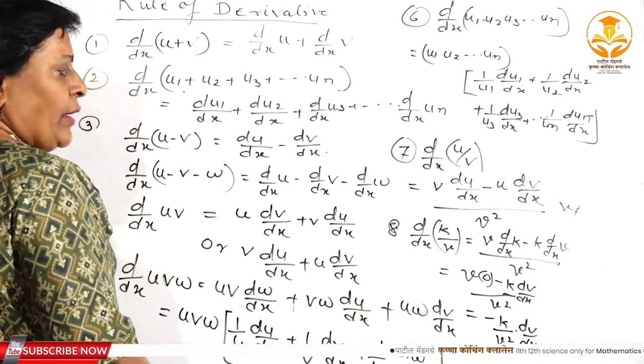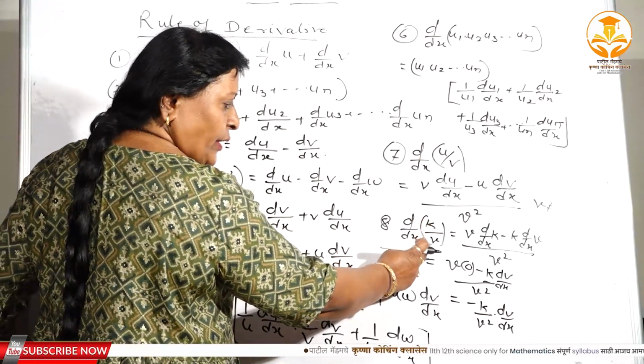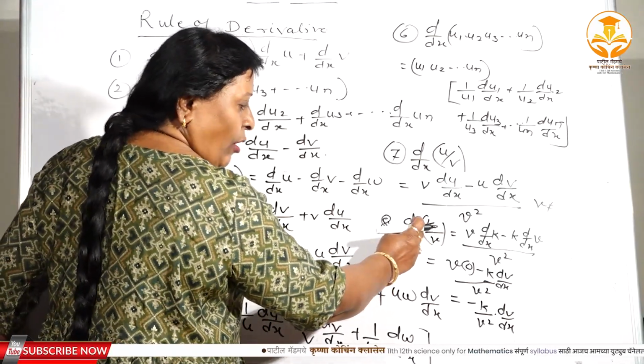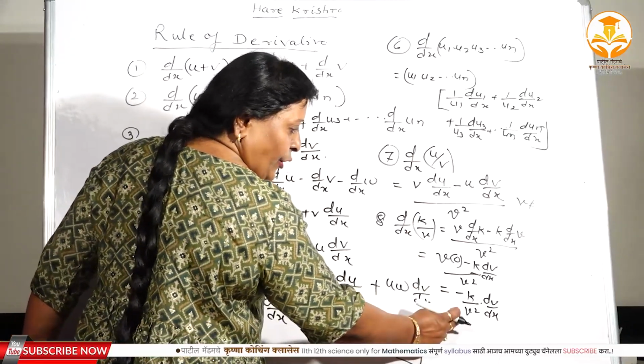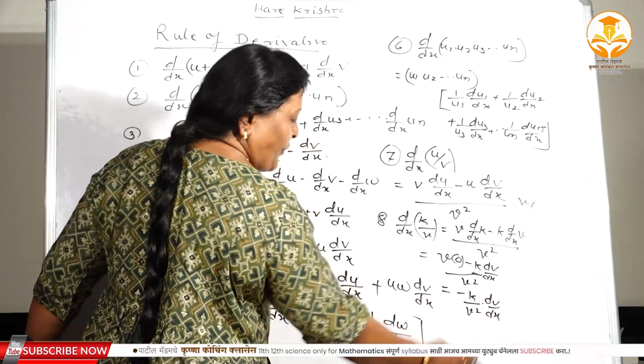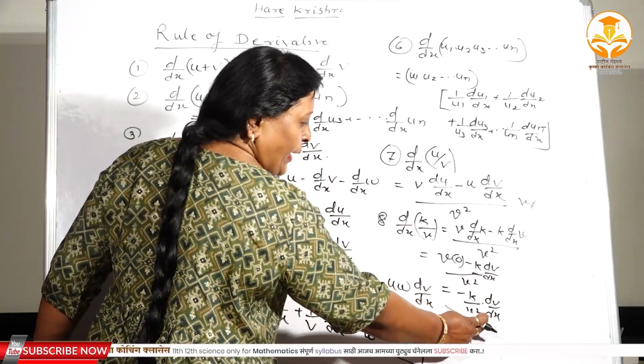Right? Means whenever there is a constant in the numerator and the function is in the denominator, the constant remain as it is, give the minus sign, make the square of the denominator and take the derivative of the denominator, minus k divided by v square into dv divided by dx.